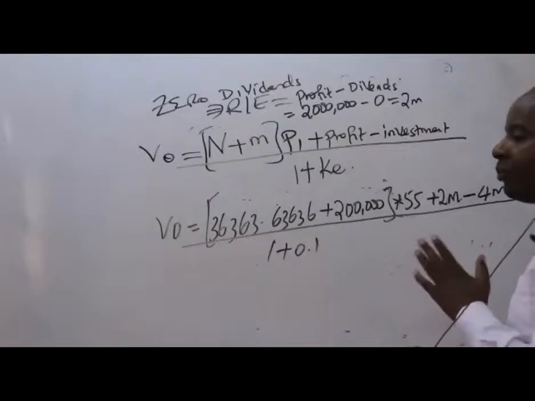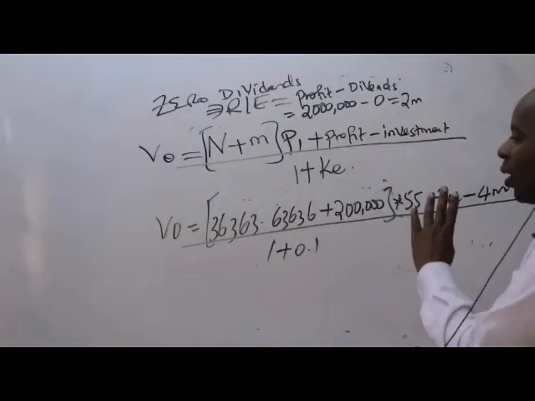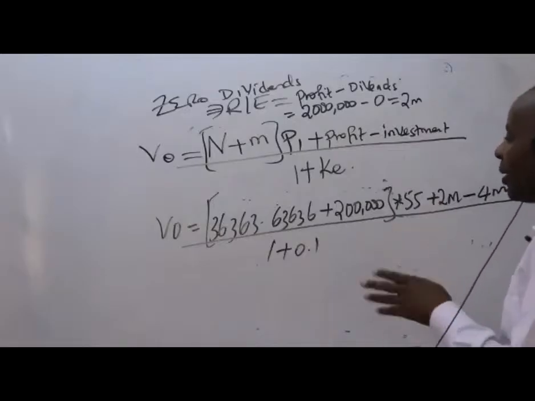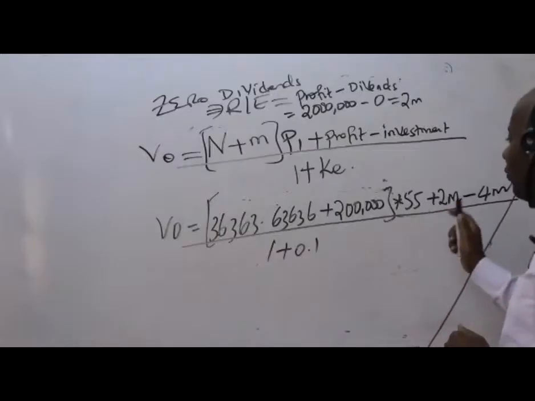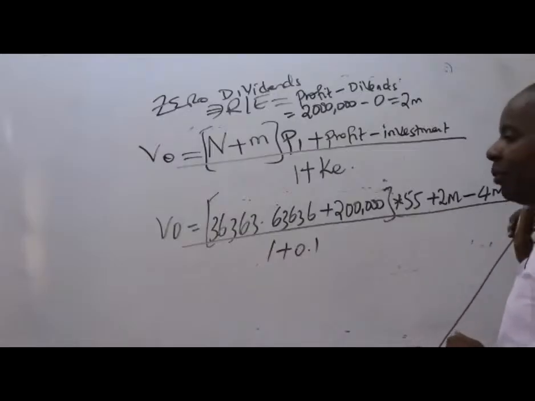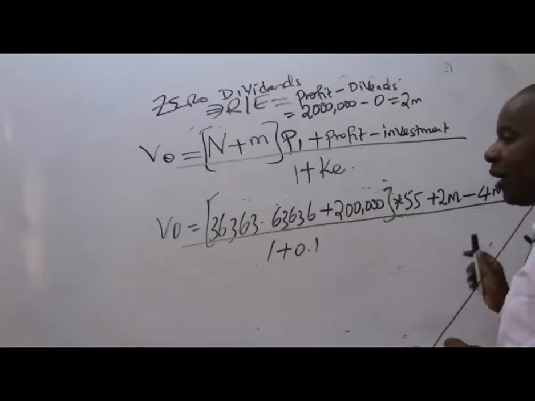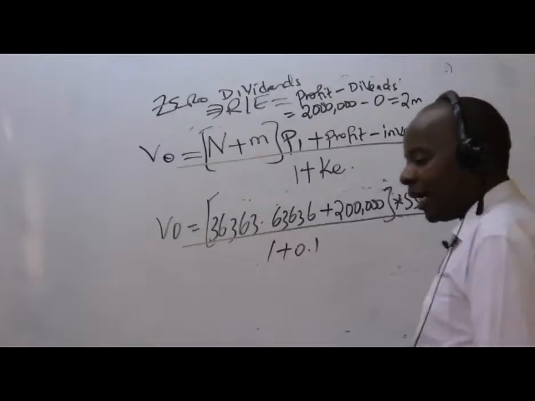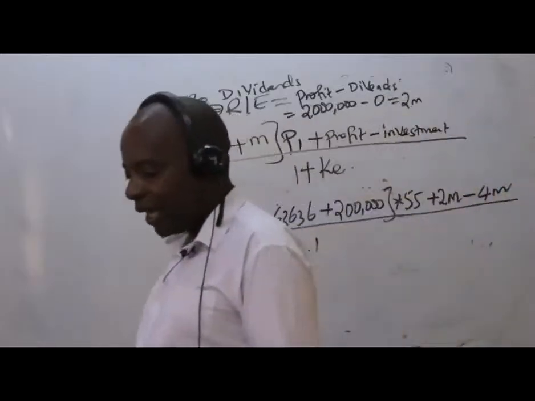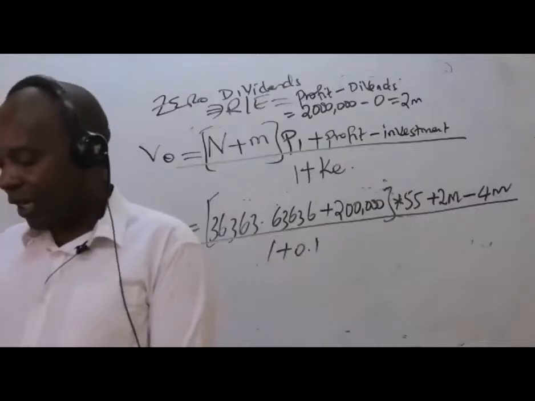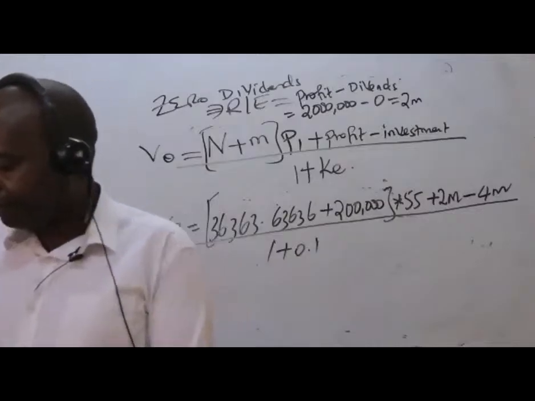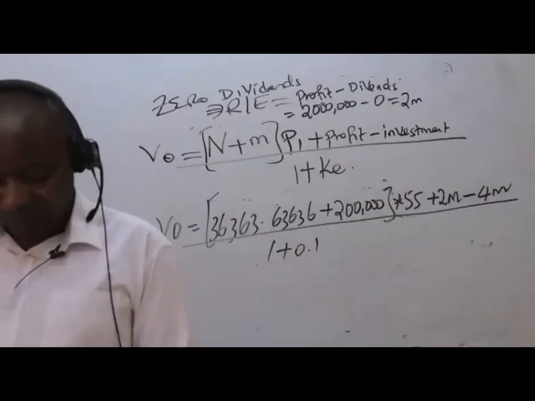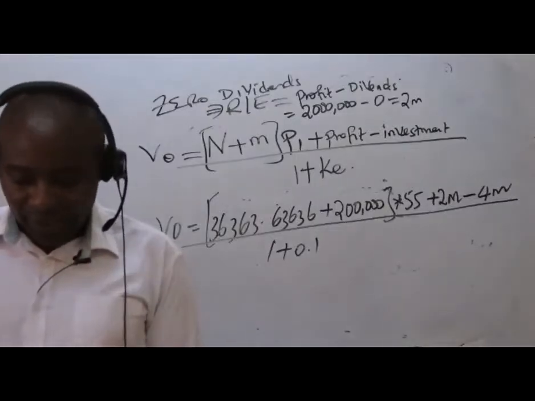So could you kindly move slowly? Go up there and open brackets, times 55 plus 2 million minus 4 million, you say equals, and then you divide by 1.1. And then you advise us, what value are we getting?